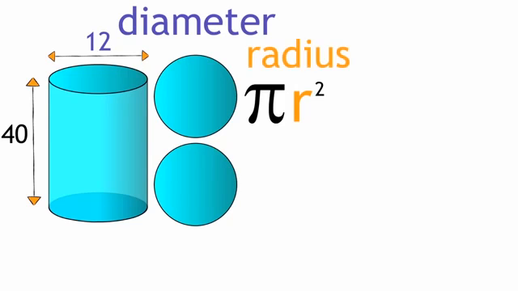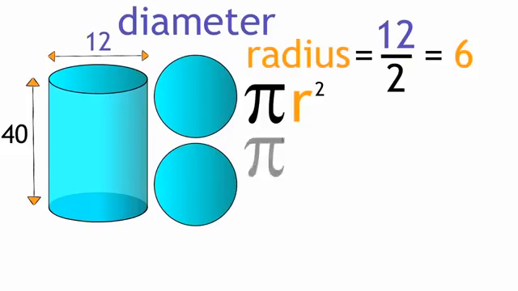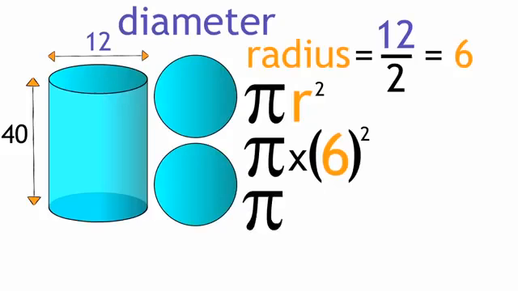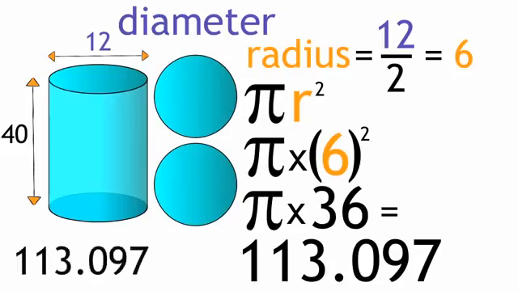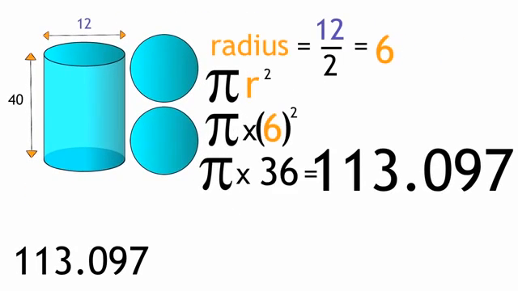The radius equals 12 divided by 2, which is 6. So pi r squared is going to be pi times 6 squared, which is pi times 36, which is about 113. And then there's two of those, because that's here and here from the top and the bottom. So I want two of those.